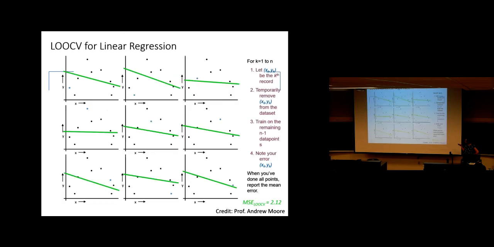Then we remove another, and you cover every sample, because there are 9 samples in this case. You get 9 different fits, and you also get each sample's test error, and you just take the mean. What you get is 2.12. This is exactly how you're going to do that sample example in homework 1: leave-1-out, done manually.